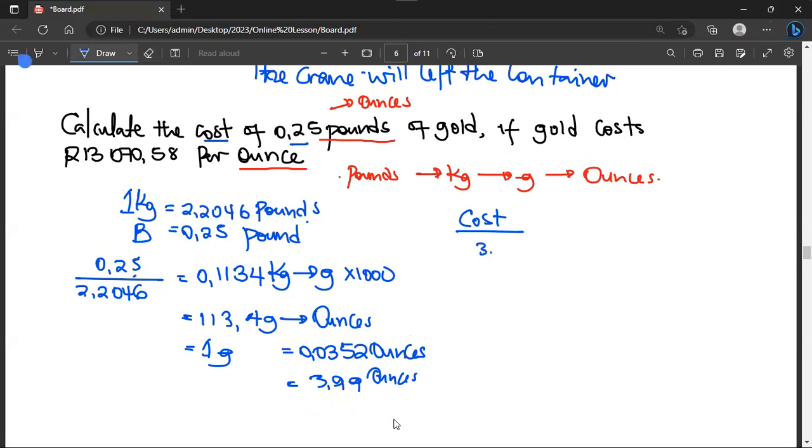The cost will equal 3,99 times 13,070. It will cost 52,151, 61 cents. That's how we look at weights.